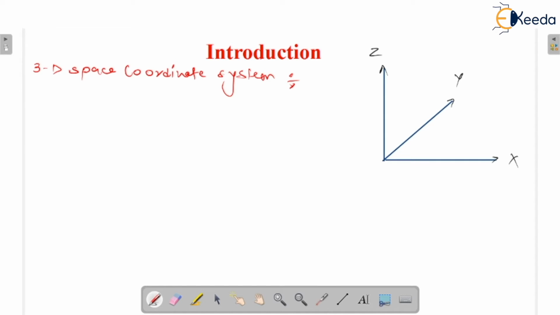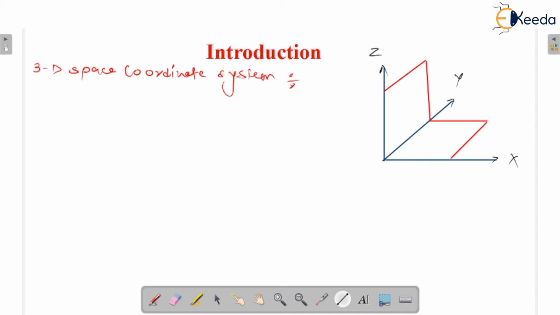Let us consider that there is a plane. There may be three planes, because there are three axes. The first plane I'm going to consider is known as the XY plane.